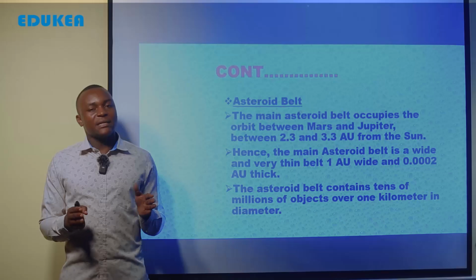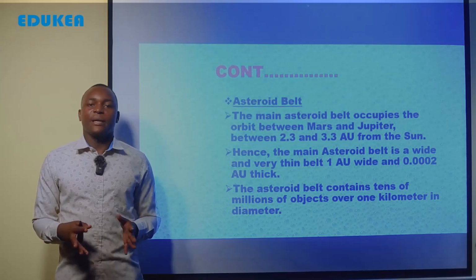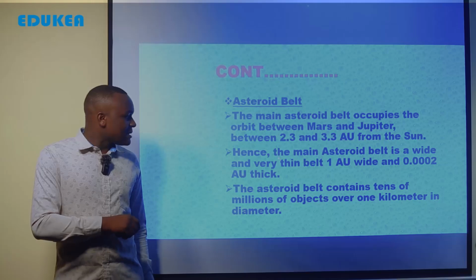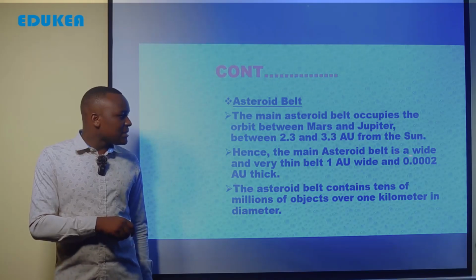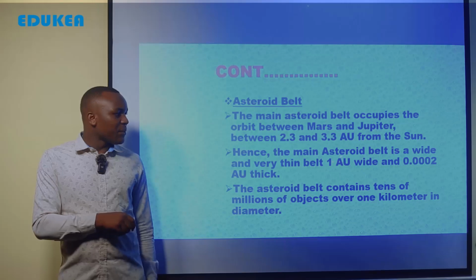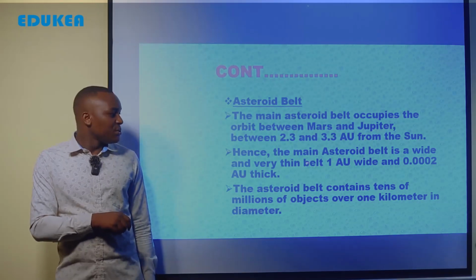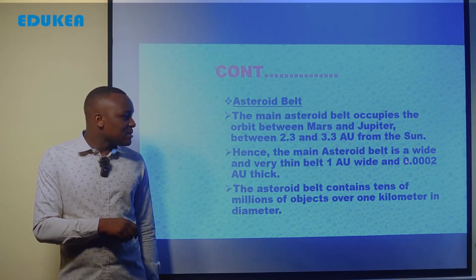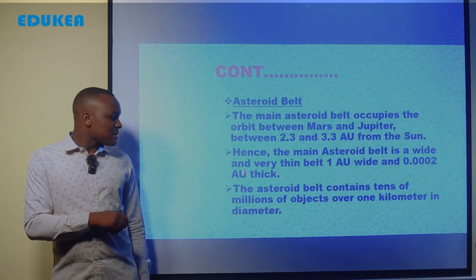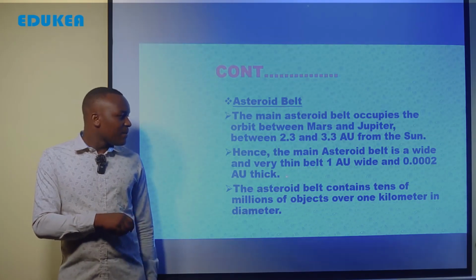We say that the main asteroid belt is a wide and very thin belt, approximately 1 astronomy unit wide and 0.0002 astronomy unit thick. In terms of width, it is 1.